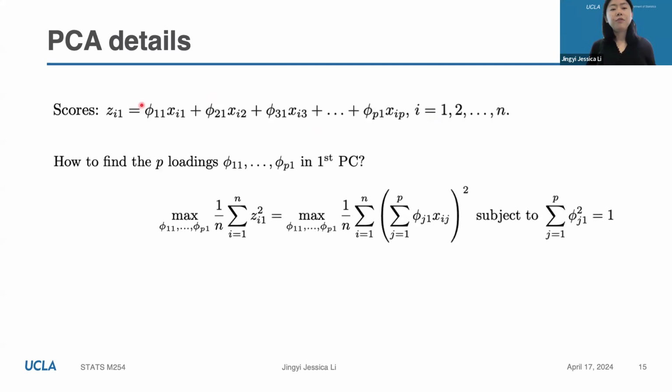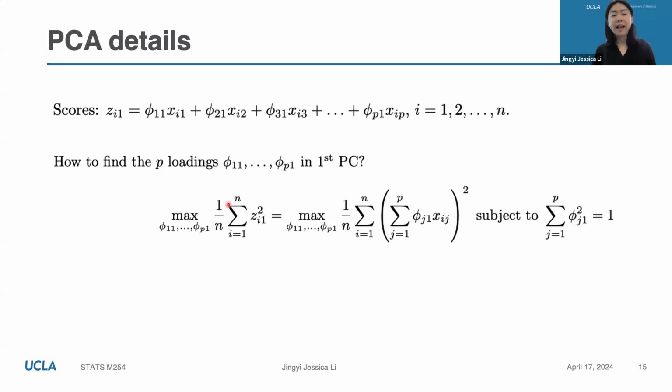Okay, so for each observation i, the score in PC1 is a linear combination of its values in the P dimensions. So the question for PCA to solve is how do we find the P loadings phi11, phi21, phiP1 for the first PC? So our goal is to find them such that the scores z11 to zn1 have the largest variance.